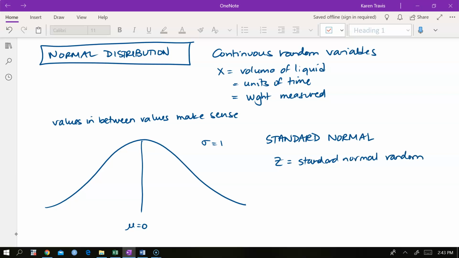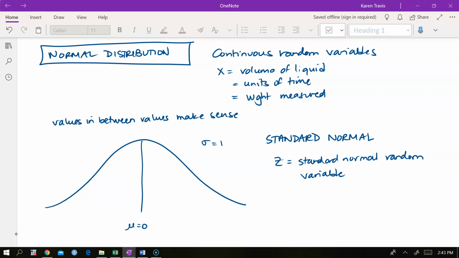So instead of using x, we're just going to use z. So for what we're doing right now, it's not going to be applicable to anything else just yet, unless that particular thing happened to be a story where the average was 0 and the standard deviation was 1. So we're starting with figuring out the table.